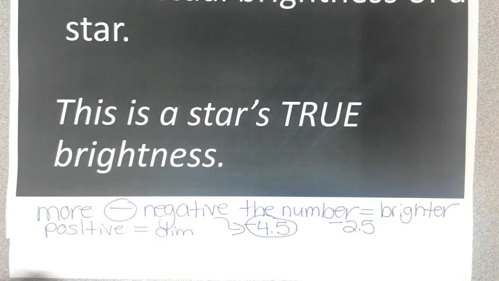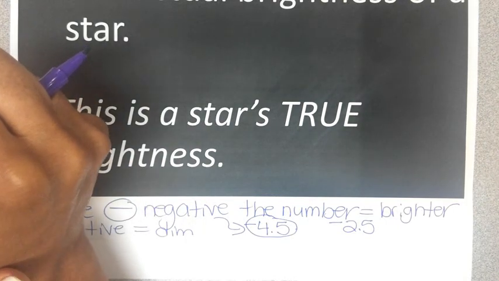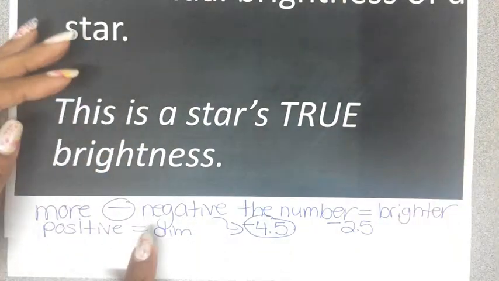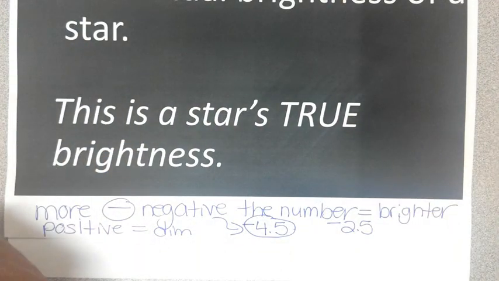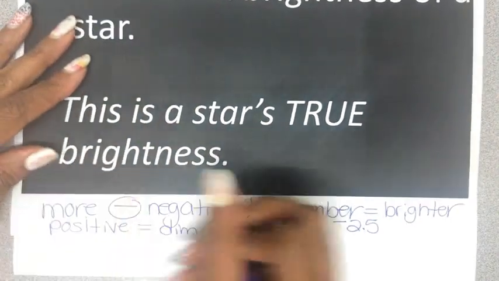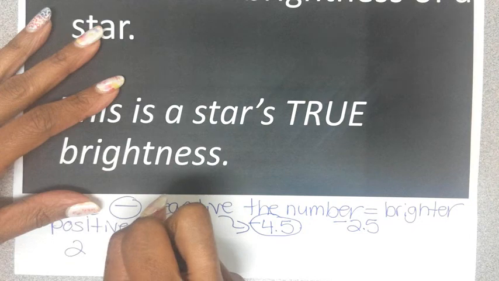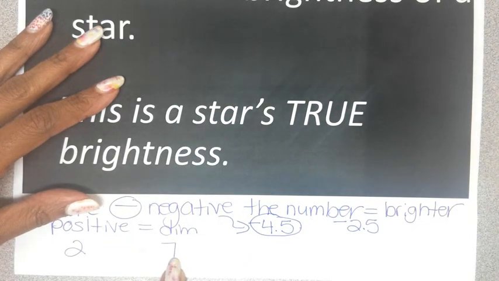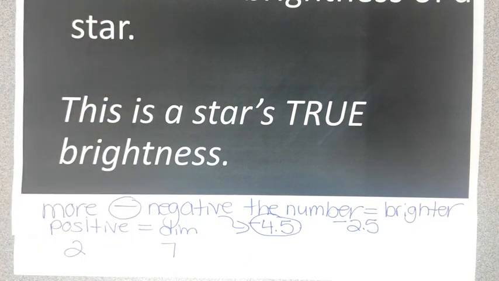Okay? If a star's magnitude is a positive number, it's going to be dim. So if I had a star's apparent magnitude, let's say, was 2, and another one that was 7, the one that's 7 is more dim than the one that's 2. Okay, so that's basically the star magnitude worksheets that we did in class, where you looked at the apparent and the absolute magnitude.